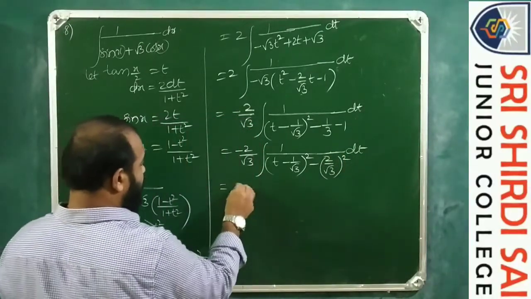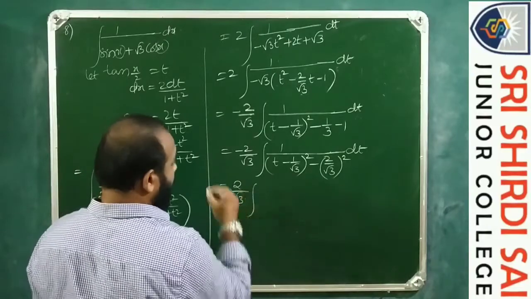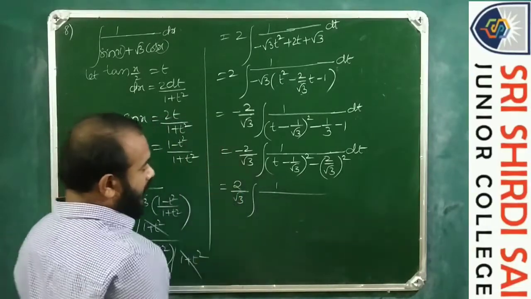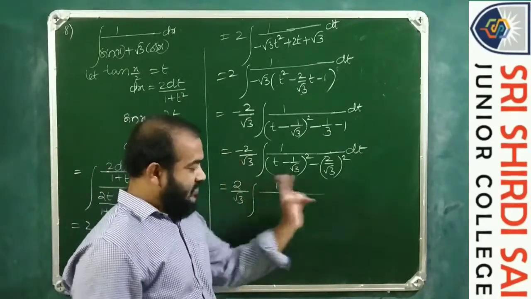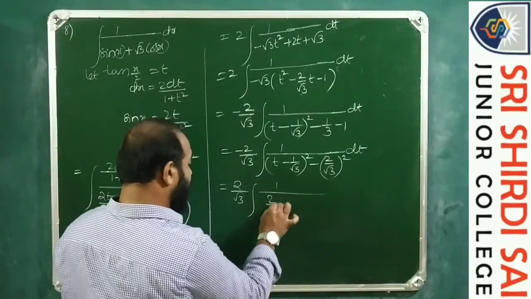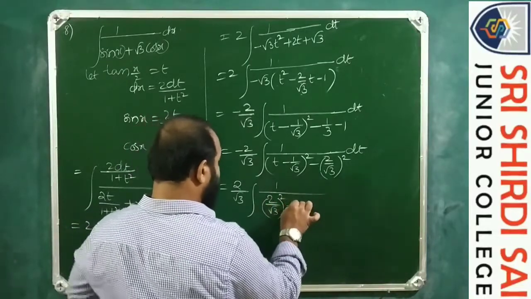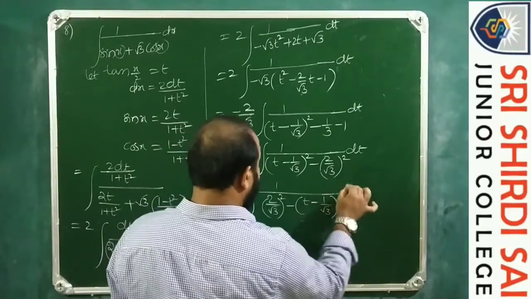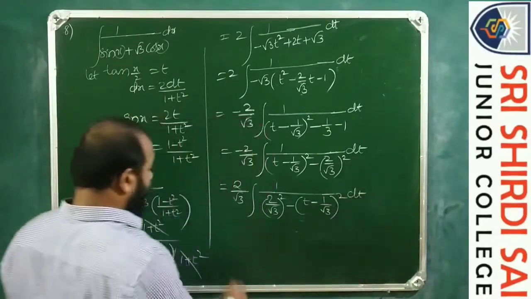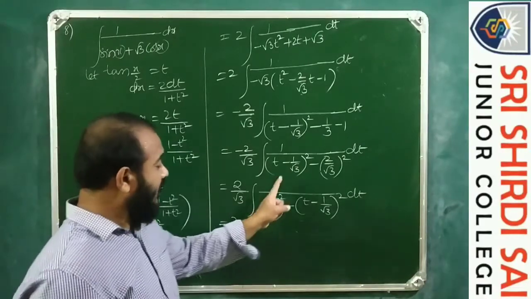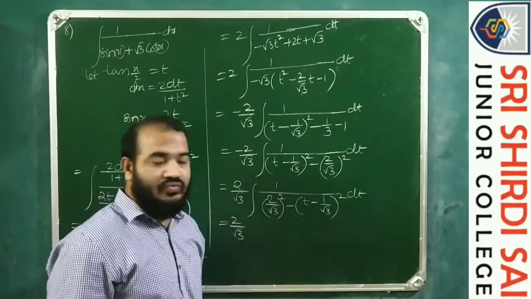So this is equals to 2 by root 3. So this is 1 by, let us multiply with minus. So minus into minus plus, this is 2 by root 3 whole square minus of t minus 1 by root 3 whole square dt. So this is 2 by root 3. This is again integral 1 by a square minus x square dx.